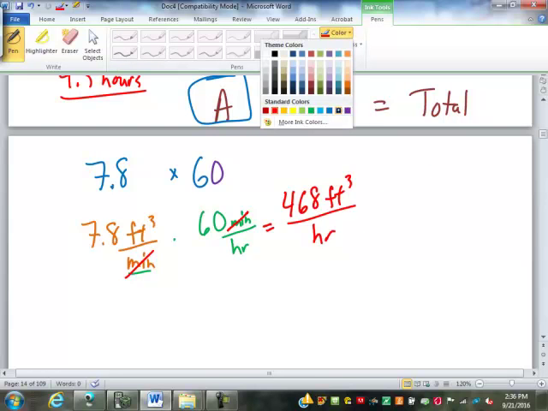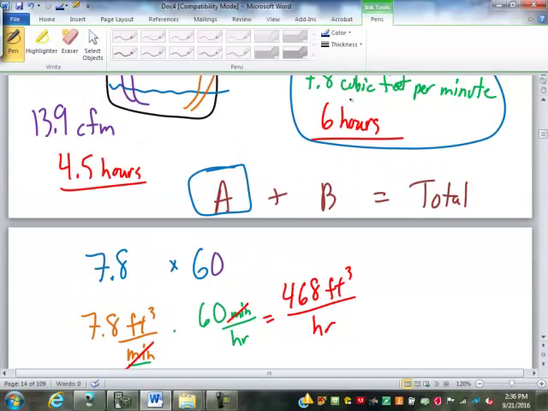No, we still have to account for the fact that there were 6 hours. Now, at this point, you guys have said we're going to multiply, but if we're not sure of that, the units can actually tell us. We want our answer to be cubic feet, which means we have to get rid of hours. Since hours is on the bottom of a fraction, the way we would get rid of it is to multiply by a fraction that has hours on top.